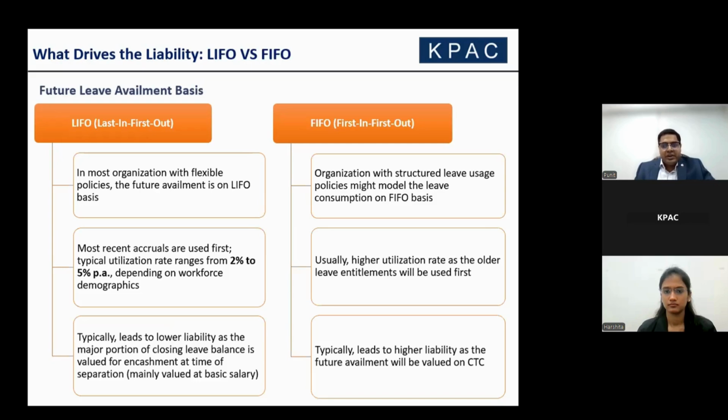Typical utilization rates range from 2 to 5% per annum, depending on the workforce demographics and company culture. Crucially, LIFO typically leads to a lower liability. And why? Because the major portion of the closing leave balance, the older accumulated leaves, are valued for encashment at time of separation, usually at basic salary, which is lower than the CTC used for the current availments.